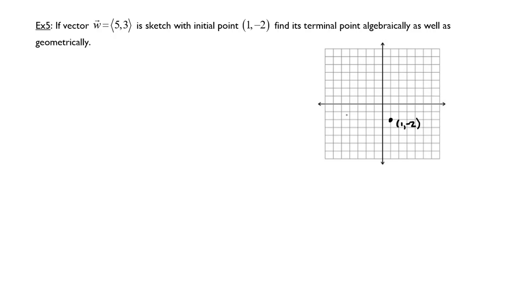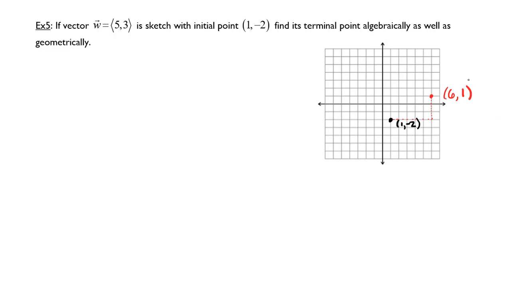Then I will count its vector displacement in the x direction and the y direction. The vector is displaced 5 units in the x direction and 3 units in the y direction. And so my terminal point is the point 6, 1.